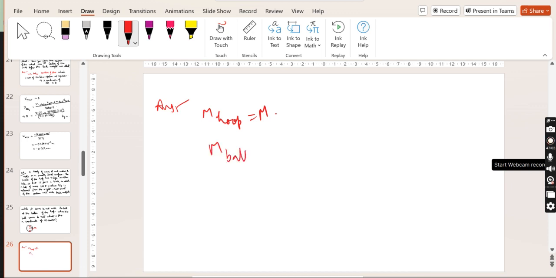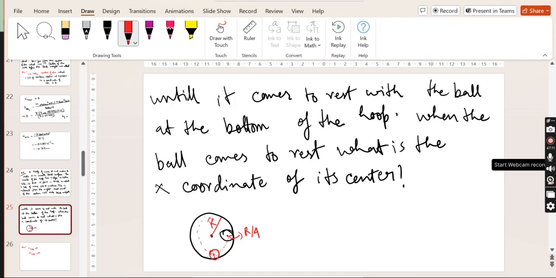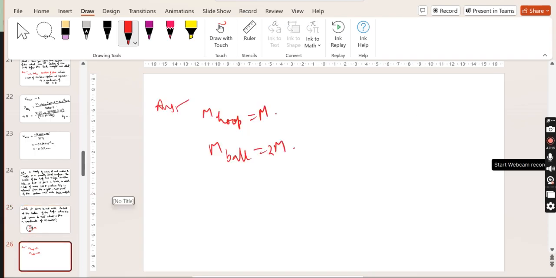M ball is 2m. First, we consider this as our 0 point. The center of mass of the hoop lies at its center.